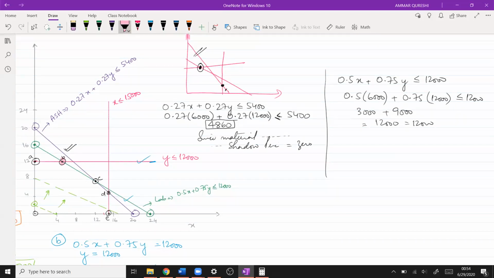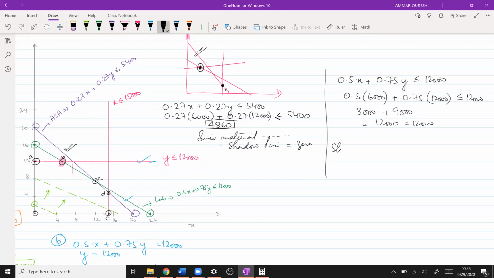If this green line moves somewhere upward or downward, because we are trying to secure one more labor hour, what will be its impact on solution? Its impact will be created by these two lines. Ash is not involved here. So how will we do this, let's see.